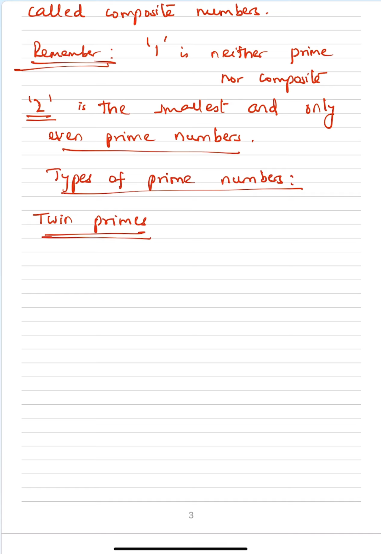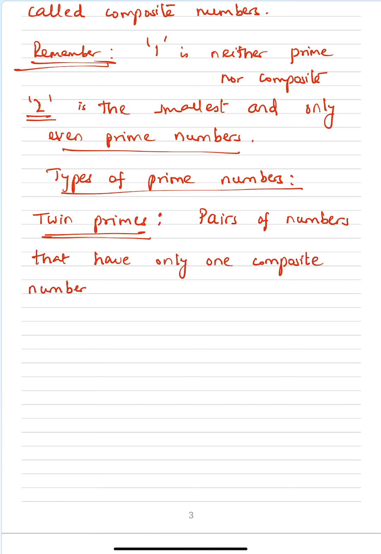They are nothing but pairs of numbers that have only one composite number between them.